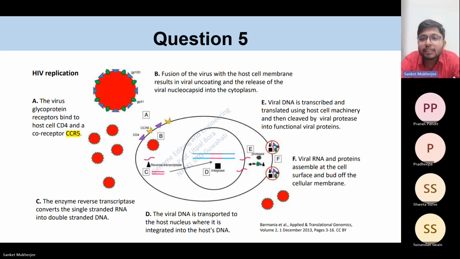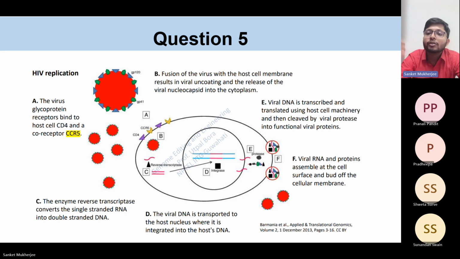The virus disintegrates, and the viral genome, in this case RNA, is converted to DNA, and then it is transcribed and forms the proteins which are essential for the virus to multiply. So more proteins will be formed, and the viral RNA and proteins will assemble together and then go out of the cell to infect more cells.